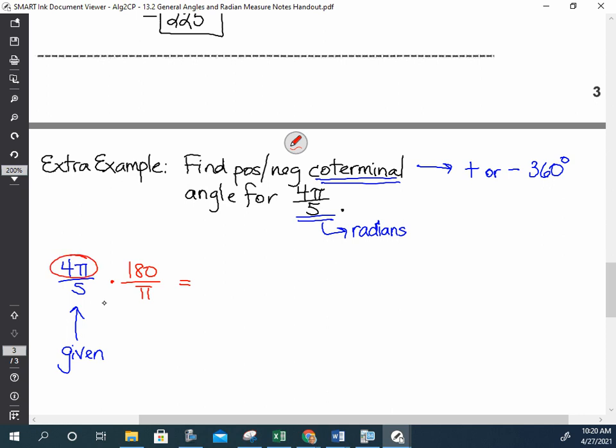So 4 pi times 180 is 720 pi. 5 times pi is 5 pi. The pi's cancel out. 720 divided by 5 is, I believe, 144, but let me check. 144.